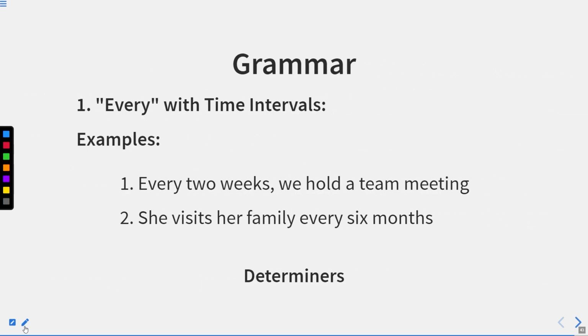For example, every 2 weeks. Now here, weeks is a noun, and 2 is a determiner or adjective which is used before the noun. So if I say every 2 weeks, here the noun should be plural and the noun should be preceded by a numeral adjective.